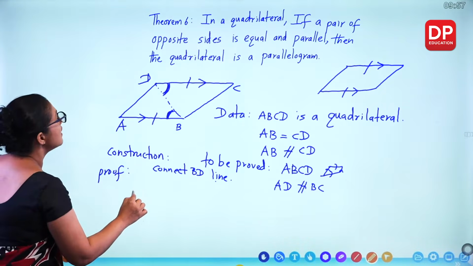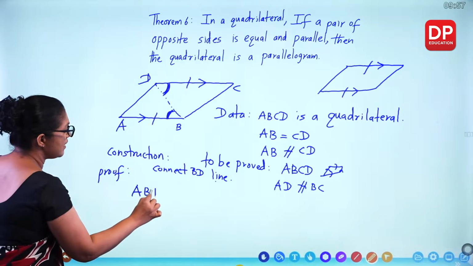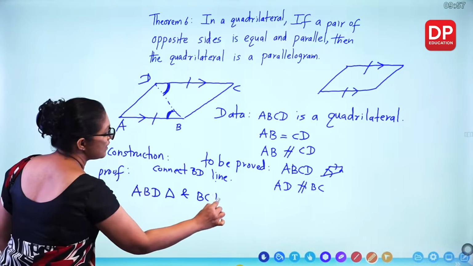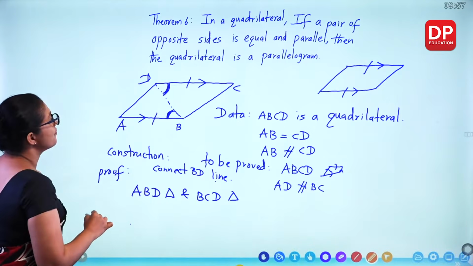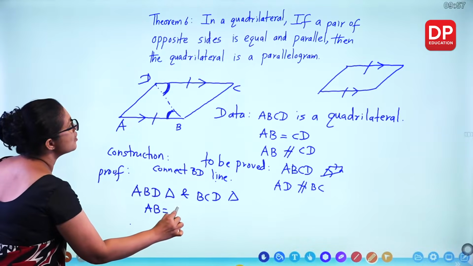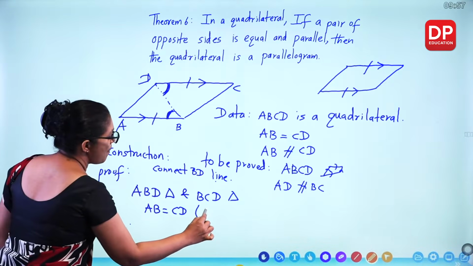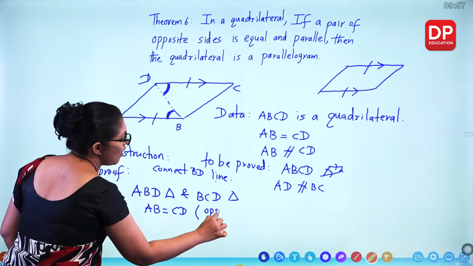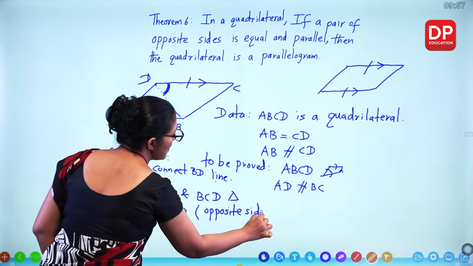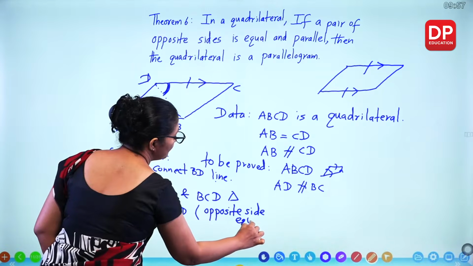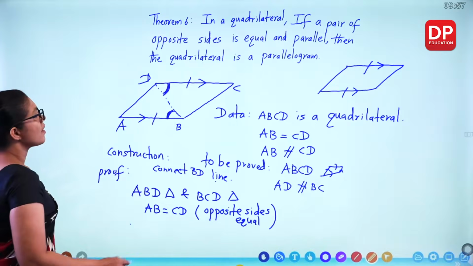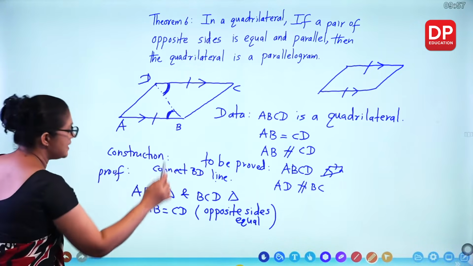We'll take triangle ABD and triangle BCD. From these two triangles, I know AB is equal to CD, opposite sides given. And also BD is common.